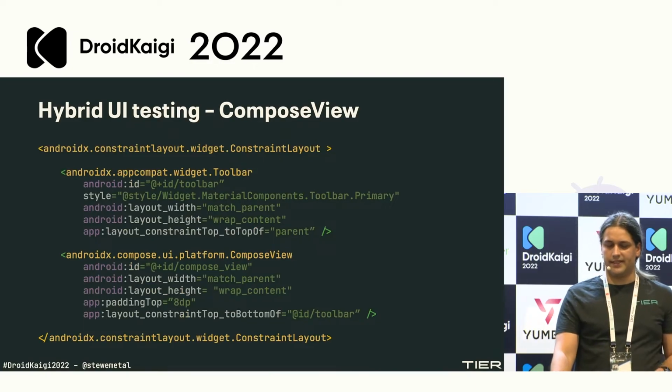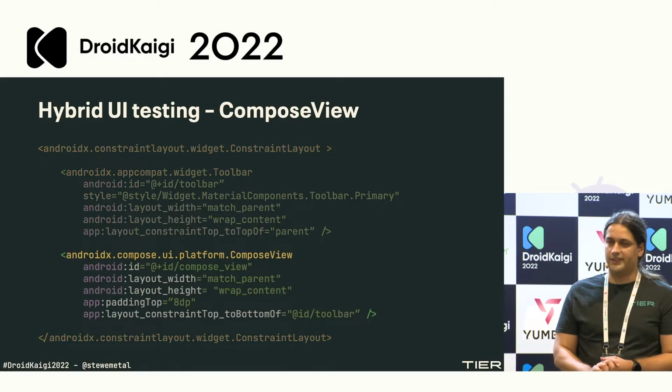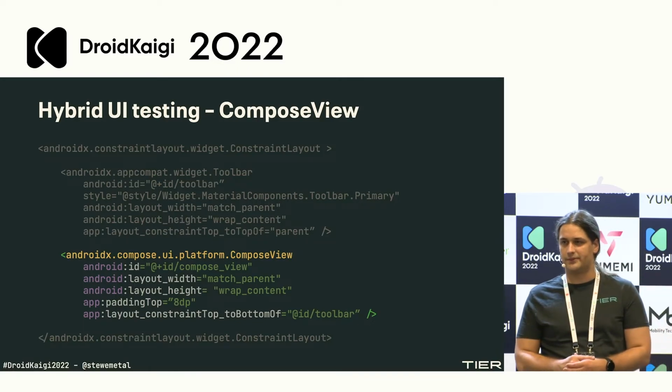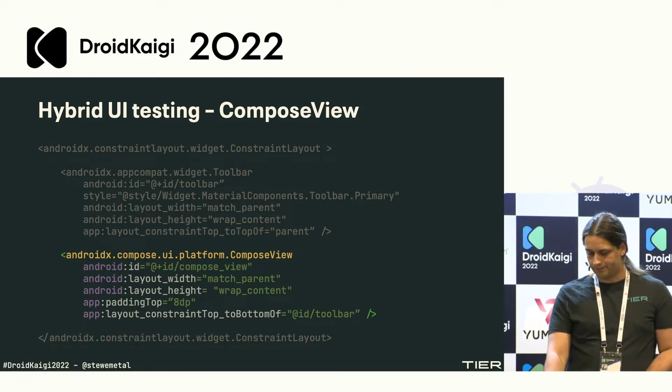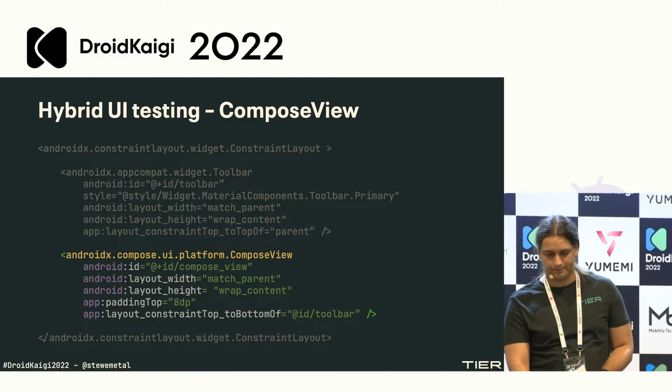So we will have this layout, a constraint layout that has a toolbar, which is just a normal view, and then we can use Compose interoperability to add that fancy new composable button into the view with ComposeView. This is just a simple view that can host composables.